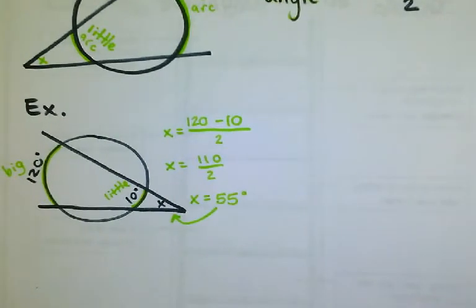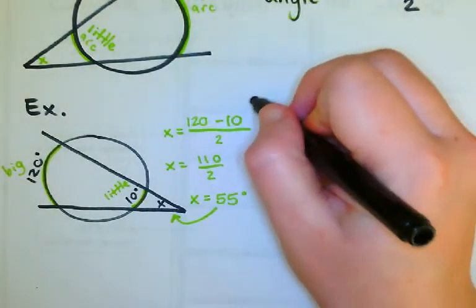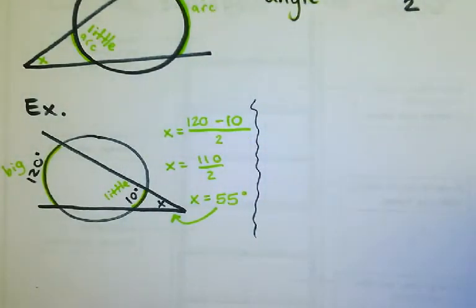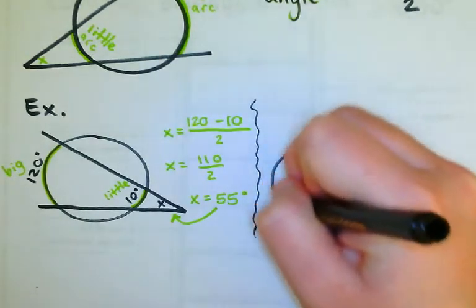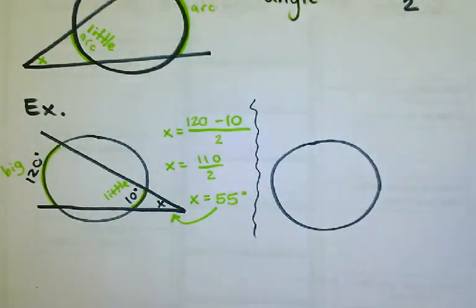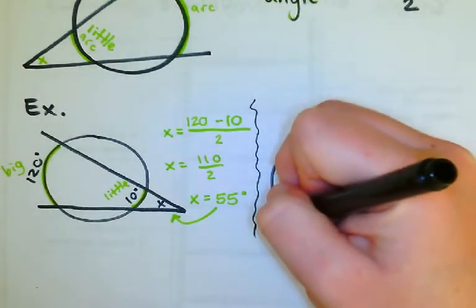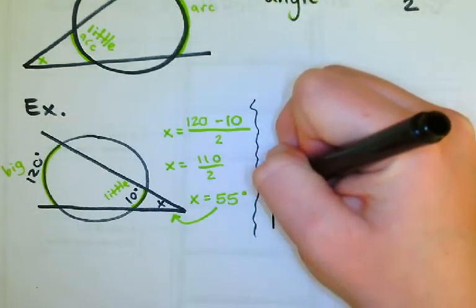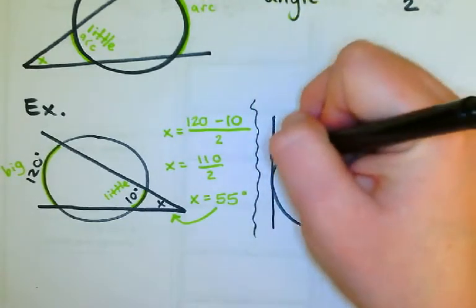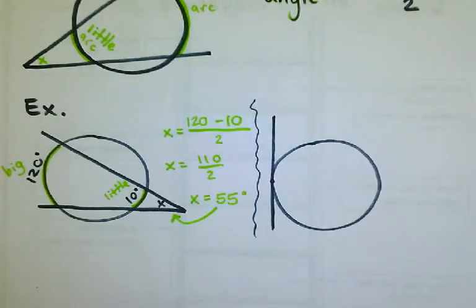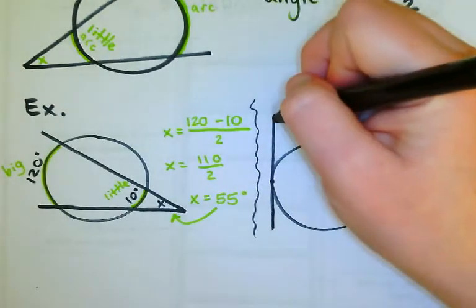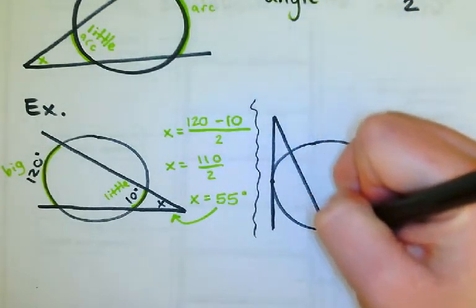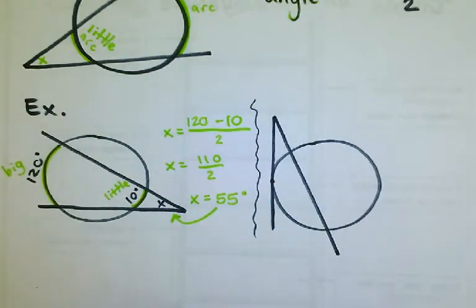Alright, let's take a look at 2 other examples. Our next example, I'm going to put right here next to it. Okay, let's say we've got something that looks like this. We have a tangent line that then intersects with a secant line.